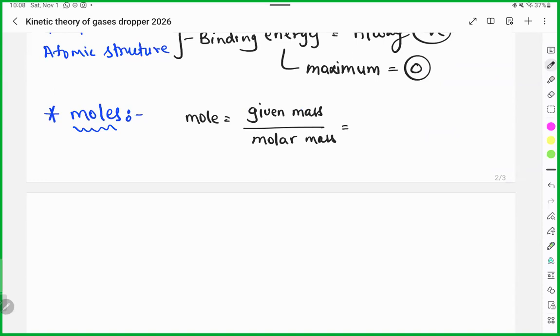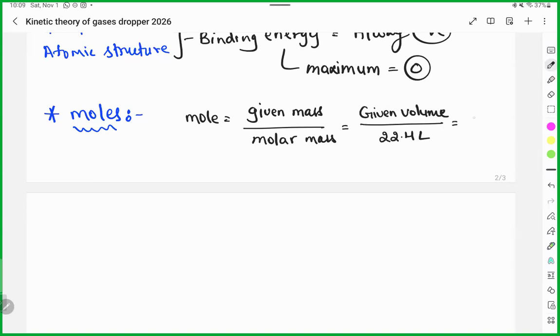Anvita, what is the other form of moles? What's the other formula for moles? You can calculate moles in the form of mass, in case of volume, or in terms of molecules. Arpit, what will be the mole in case of a molecule?